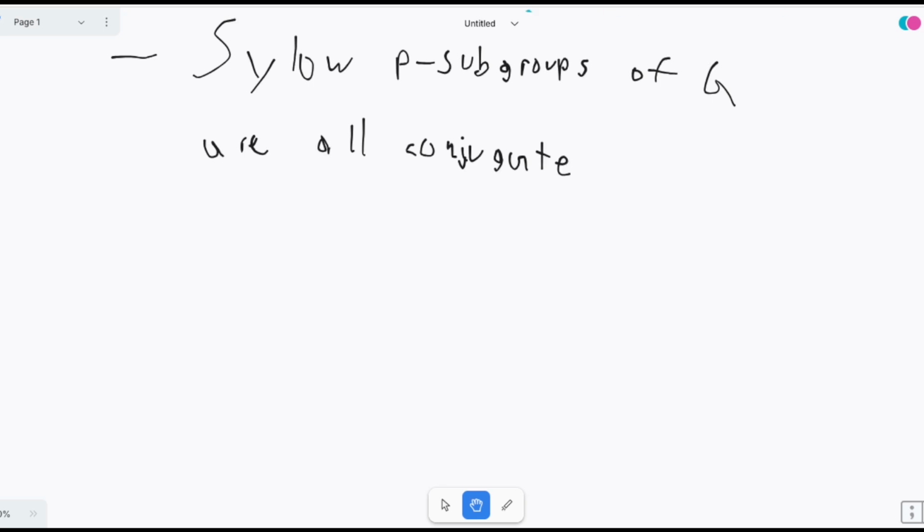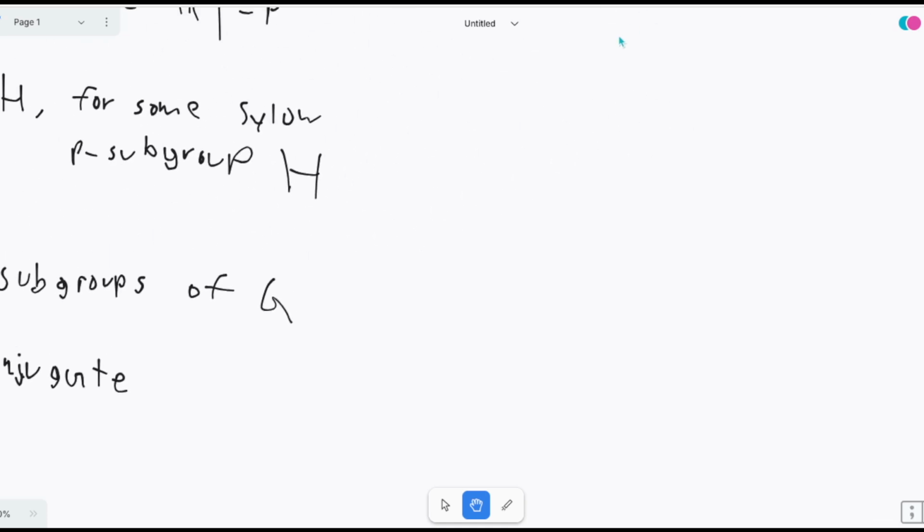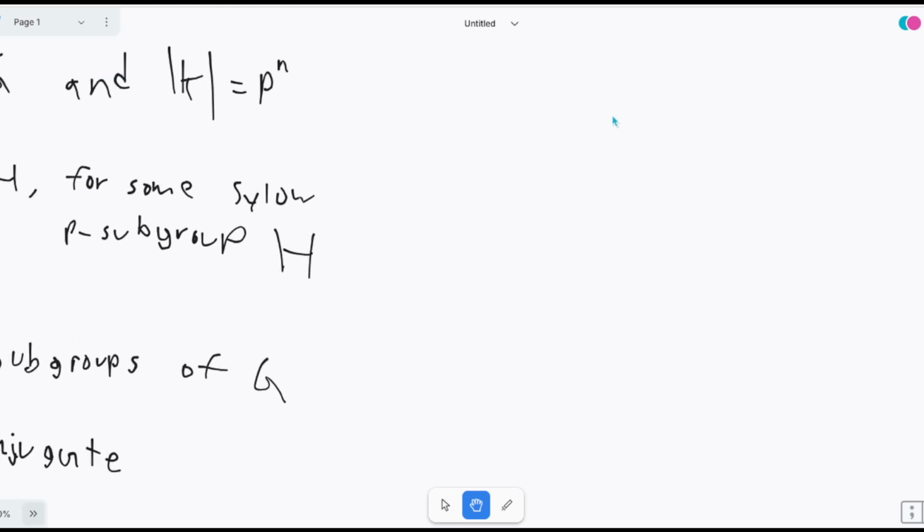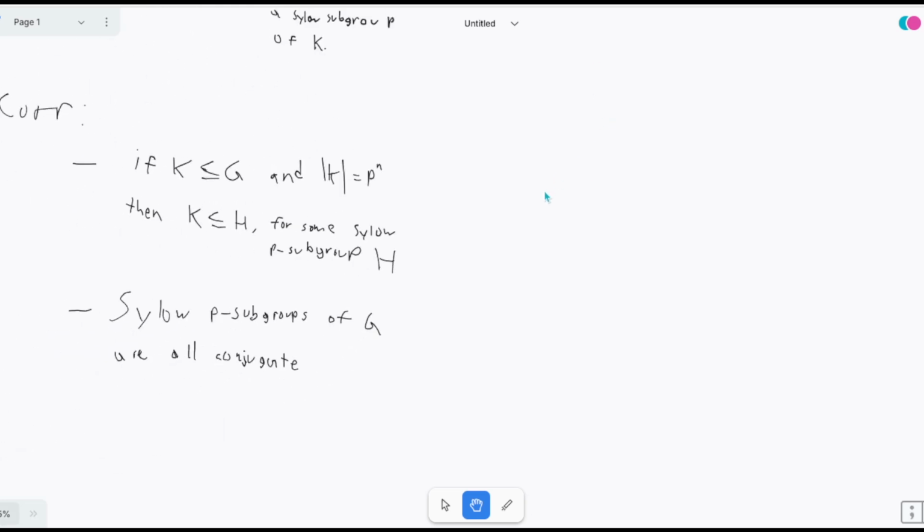Right. So for the first one, I'll write them to the side actually. So we have the Sylow subgroup of K is just K itself.